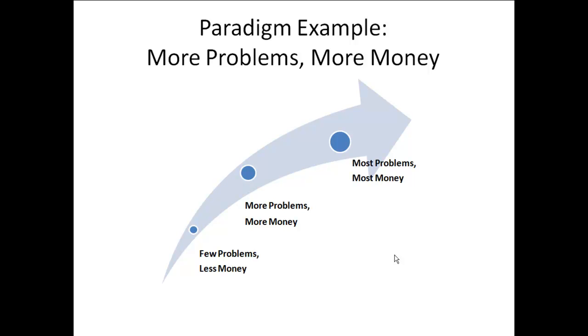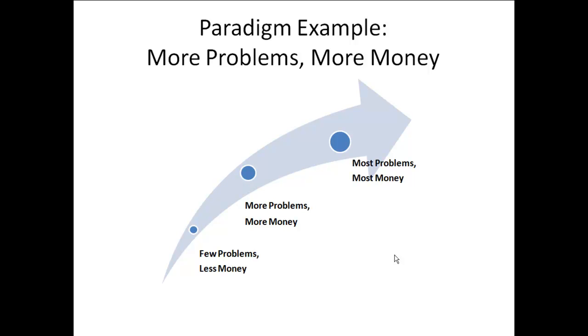Whatever the complexity is that gets added, then we understand and we begin to realize that we are encountering more problems. And so again, what we do to try to solve that problem is we add more money. We look for more funds to take care of the additional problems.